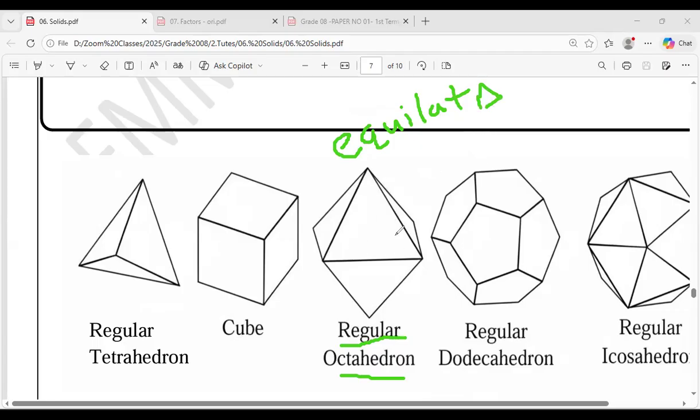All of these triangles are identical and equilateral.